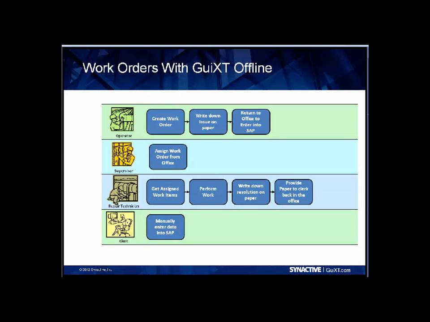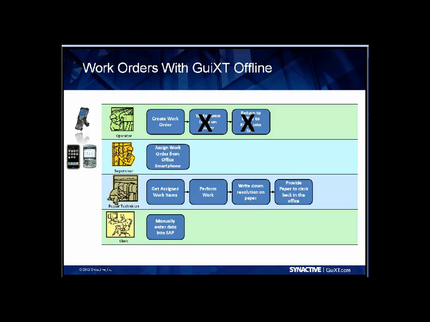So in this case, the first step here, an operator with a Windows mobile device can fill in the appropriate information to initiate the work order process, capturing the data on the spot, right on the job, and actually saved on the device. And once he's back in a connected network area, he uploads the data to SAP, and the supervisor can get immediate notification directly on a smartphone that a work order needs to be assigned.